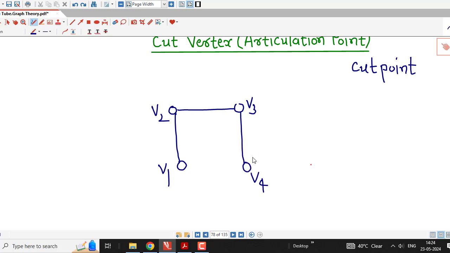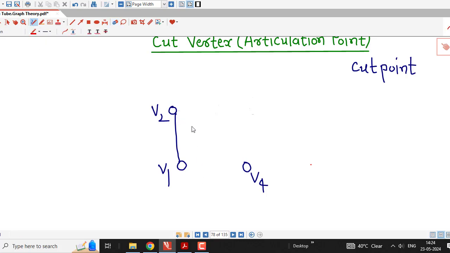Let me come back to the original graph. This is the original graph. Now I am considering vertex V3 and I am trying to remove the edges containing V3 and vertex V3 itself. There are two edges incident with V3, so we remove them first and we remove V3 also, and whatever we obtain is a disconnected subgraph.